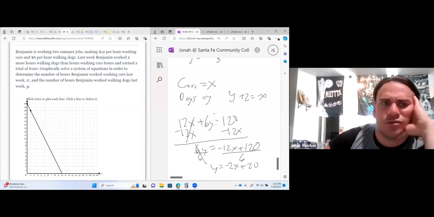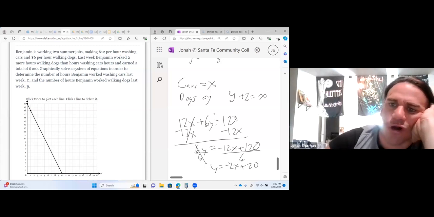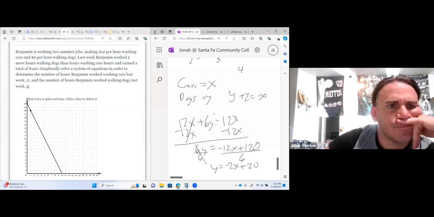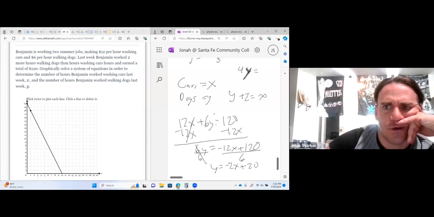More hours walking dogs. So that means if I walked 4 dogs, more hours walking dogs than washing cars. 2 more hours walking dogs than washing cars.